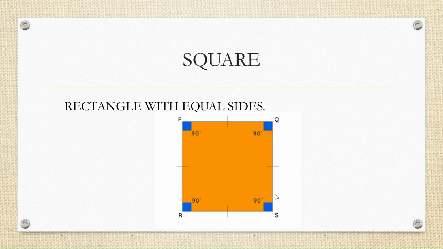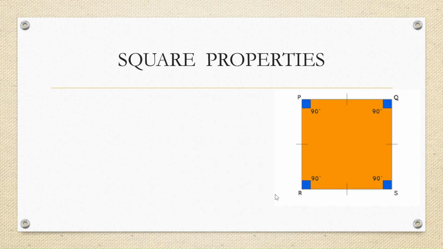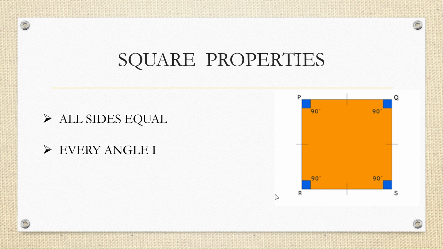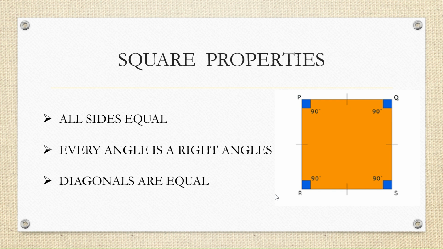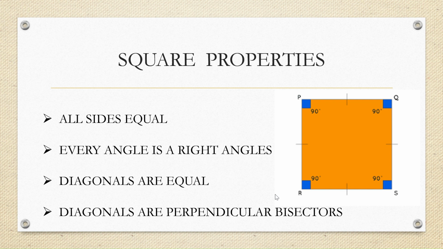A square is a type of rectangle with equal sides. In a square, along with the properties of rectangles, all sides would be equal and every angle would be a right angle, diagonals would be of equal length, and diagonals will bisect each other perpendicularly.